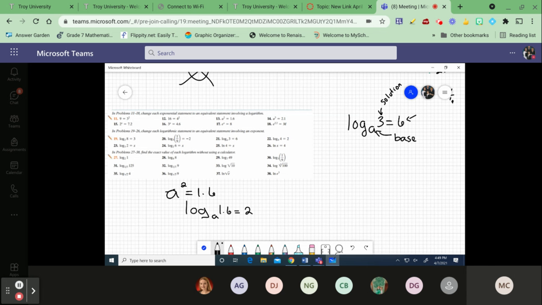Solution, exponent. So you would have a to the sixth is equal to 3.